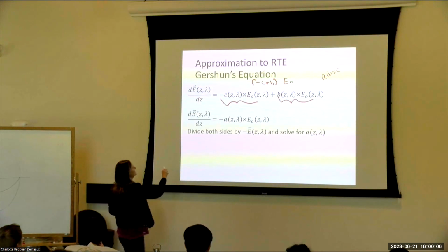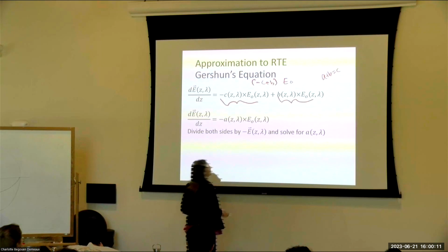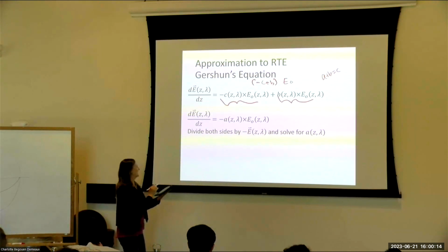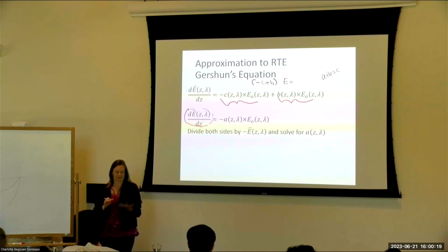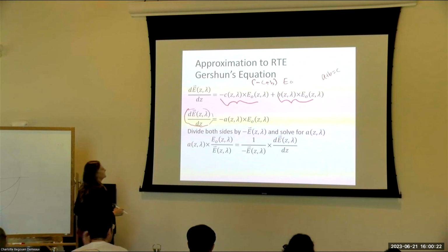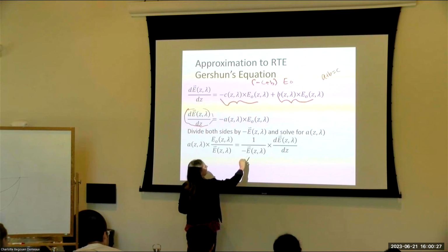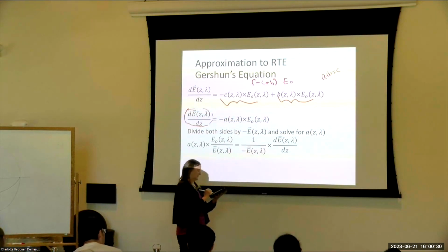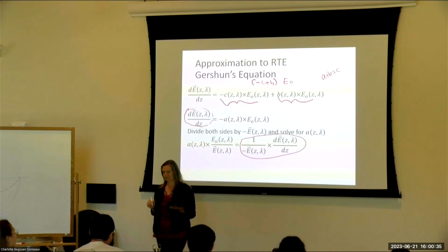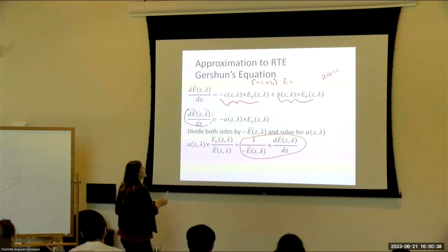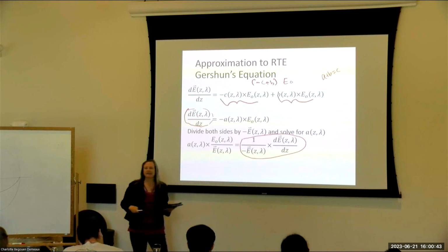So let's divide both sides by minus the net downward irradiance, and we're going to solve for absorption. The reason is that this term over here is not quite K. Not quite K. But if we divide both sides by the net downward, then we get this term, which is K, and the net downward irradiance divided by the scalar.